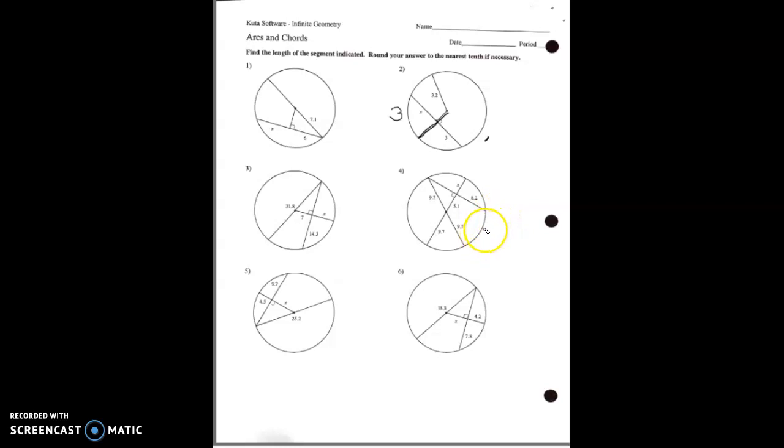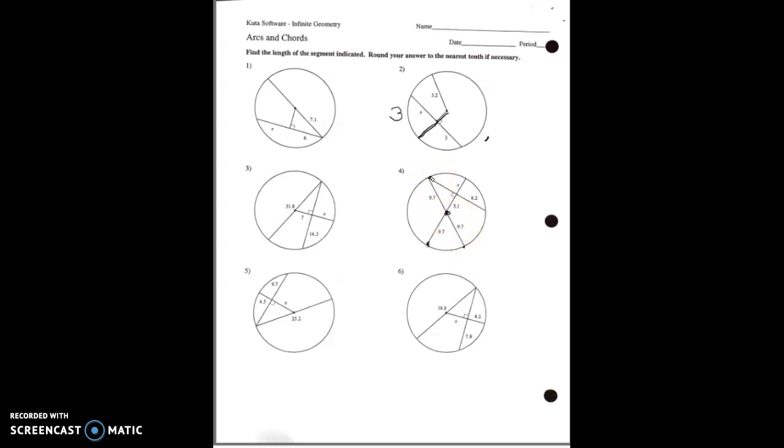Now number 4, look at all the numbers in number 4. Tons and tons of numbers. But what I need you to really notice here is the repeats, okay? Start with the center. We have tons of radii pieces, right? We have center to the edge, radii, 9.7. We have center to edge, another radius, 9.7.